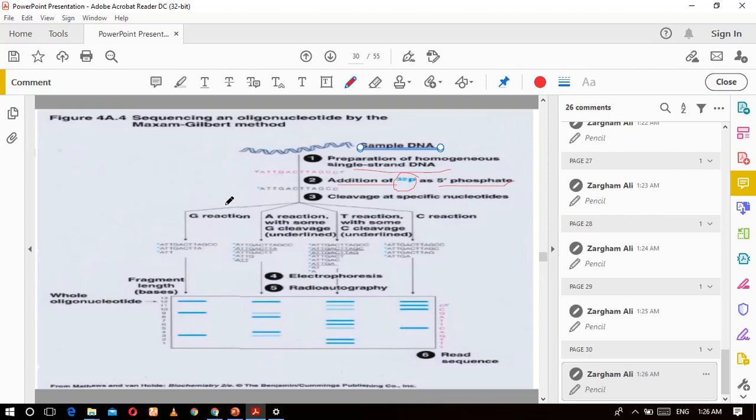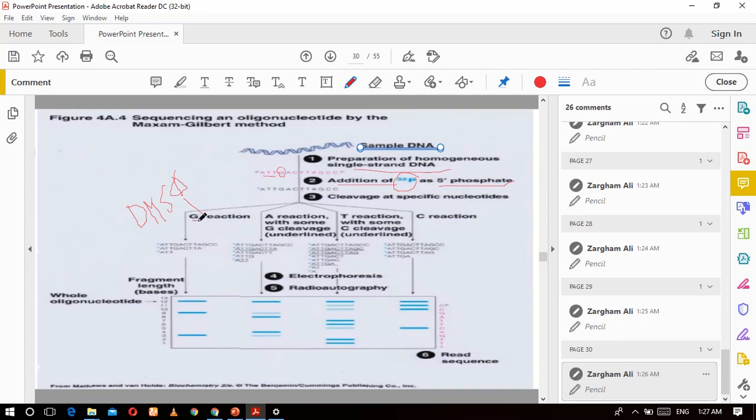This is a very important concept, which is the heart of the Maxam-Gilbert method. Now, look at this. First we have a G reaction. It means that wherever in this sequence a G is found, this nucleotide is removed by DMS.